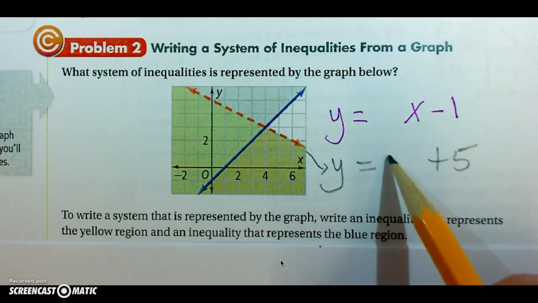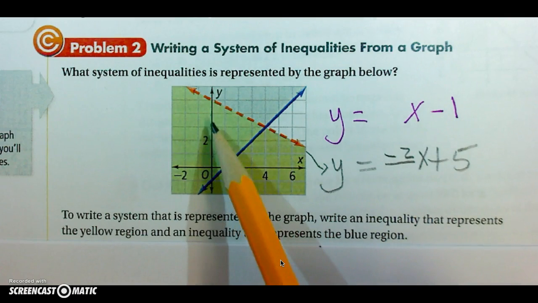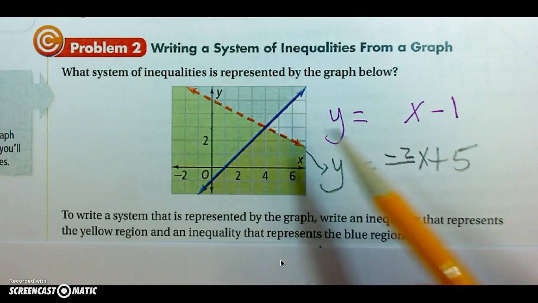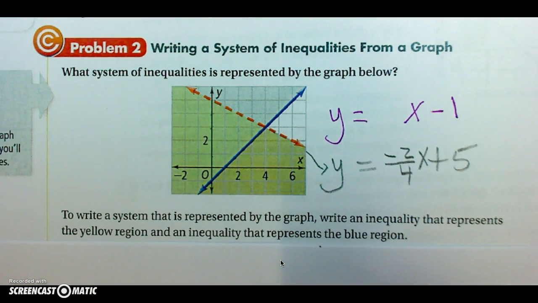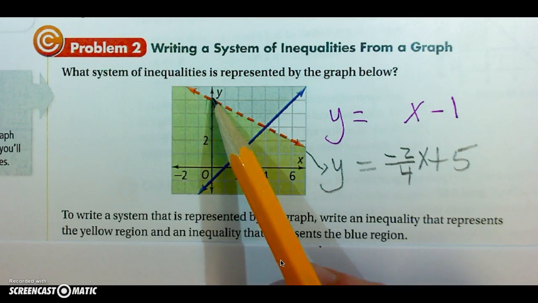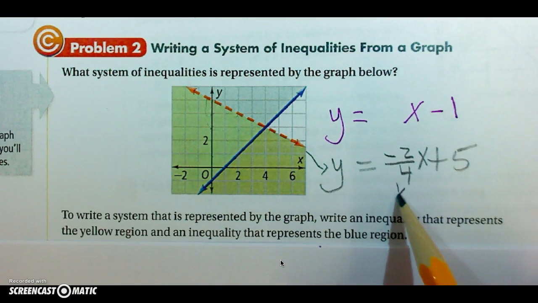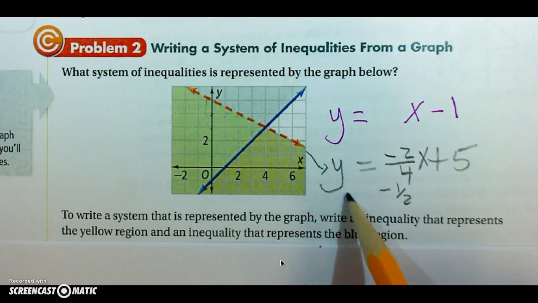I went down 2, but I need to see how far I had to run to get back on the line. 1, 2, 3, 4. You can see at the half, all I had to do was run 2 and I would have been back on the line on the first one. I could see that by simplifying right here. So I can go down 1, out 2.